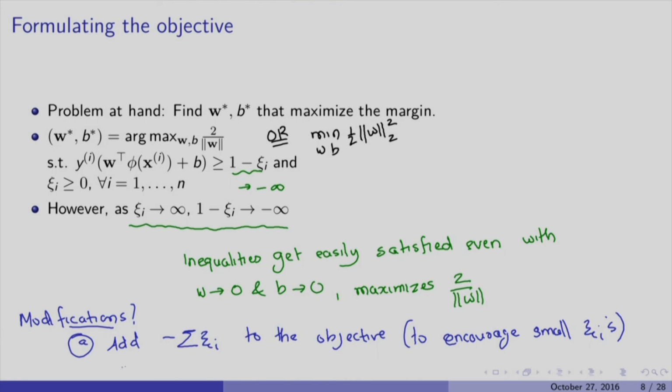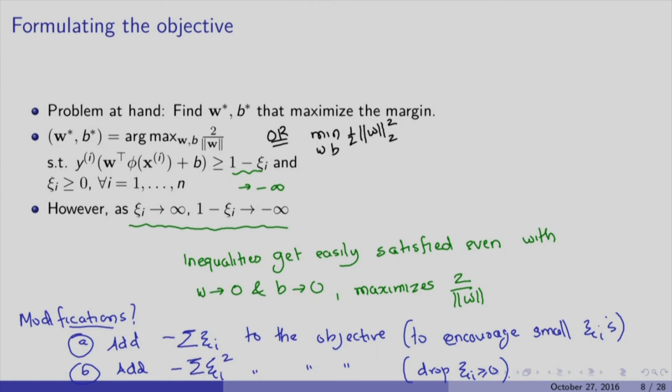One could also look at adding the sum of the squares of the xi's to the objective. In such a case, one can drop the positivity constraint on the xi's.